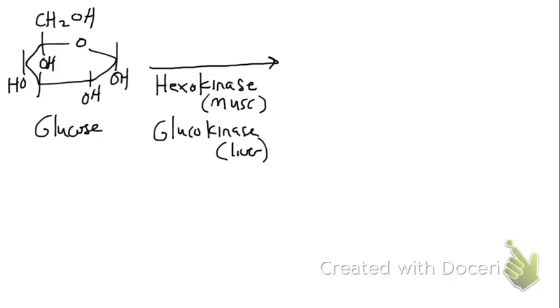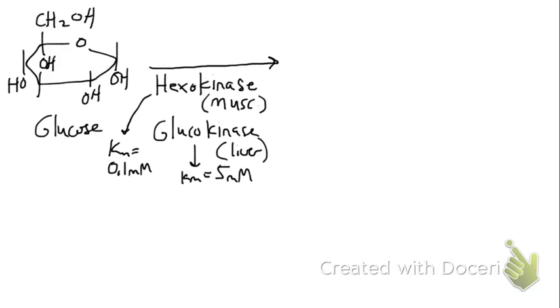What we see is that the Km of hexokinase is about 0.1 millimolar, whereas glucokinase, the Km, is about 5 millimolar.